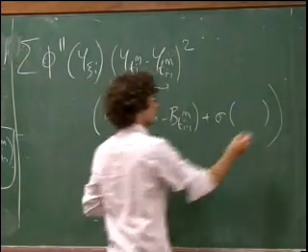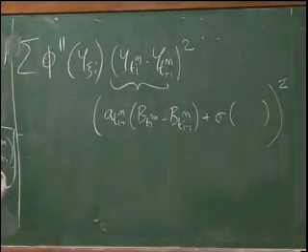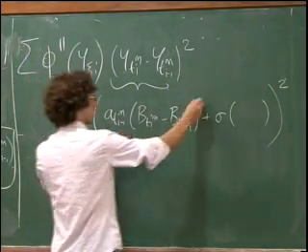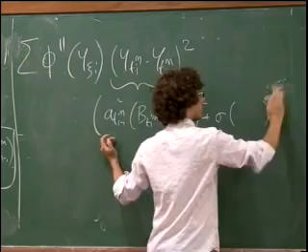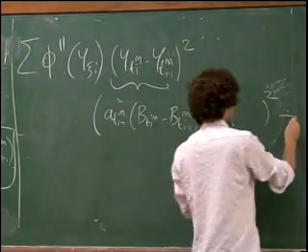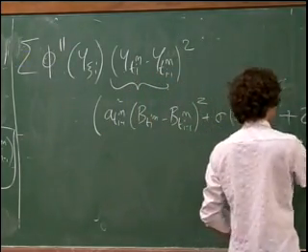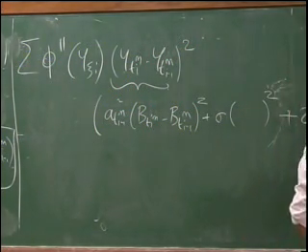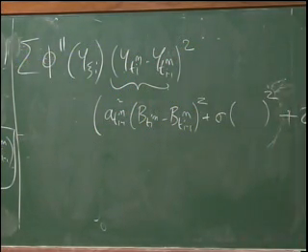And it's squared. So when I'm developing this squared, I get this thing squared plus this thing squared plus a cross product involving the two terms.